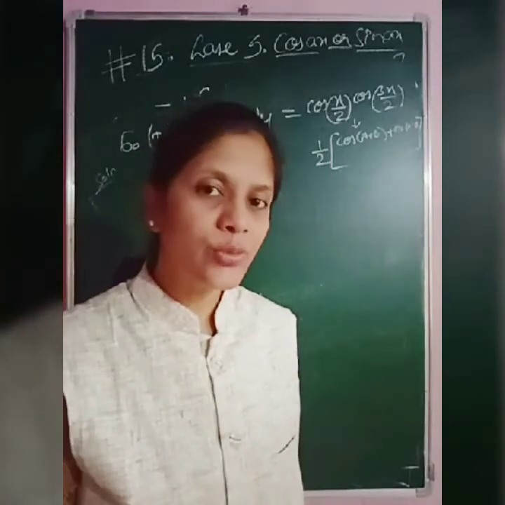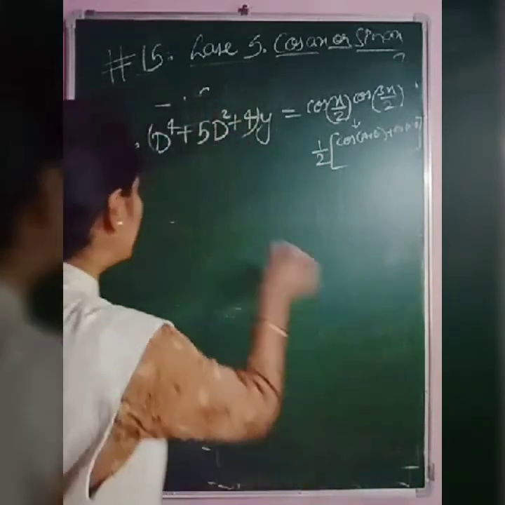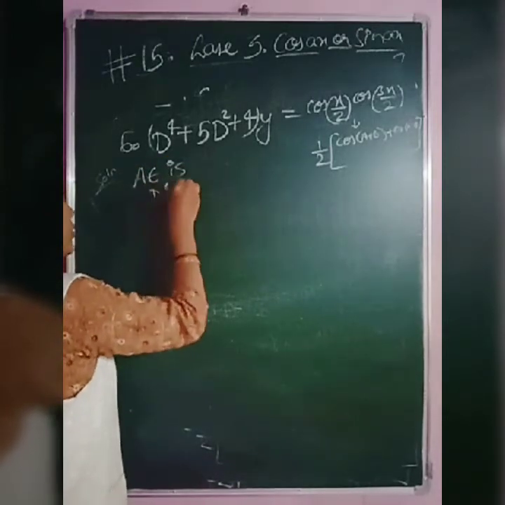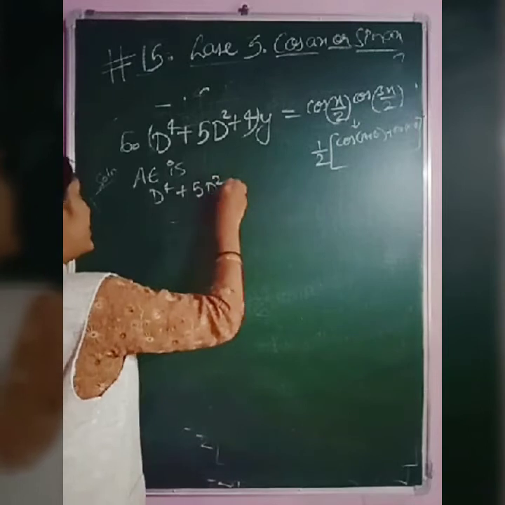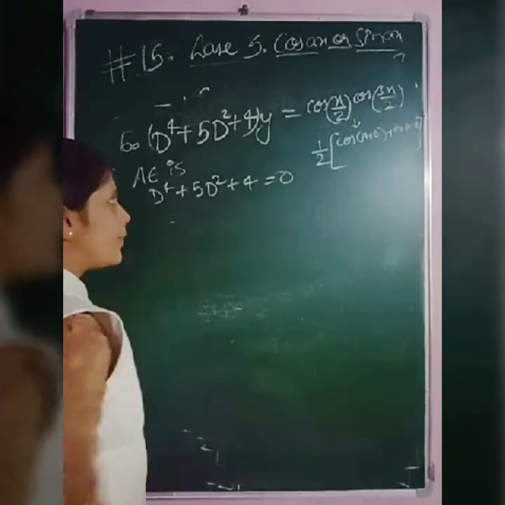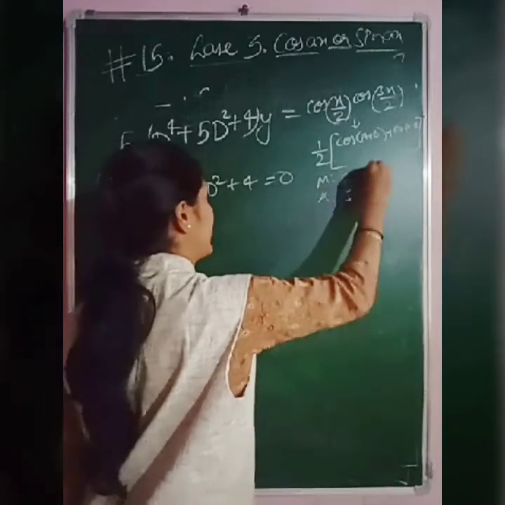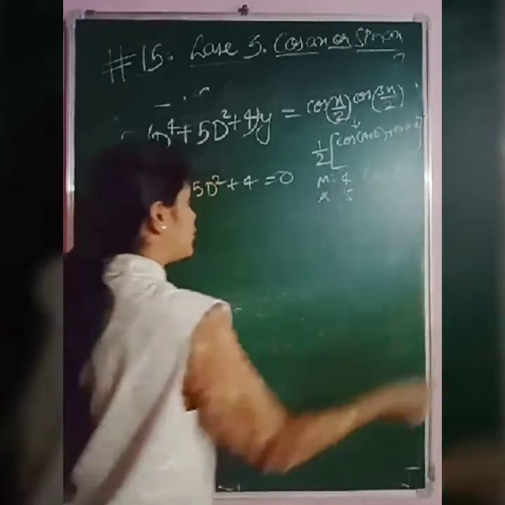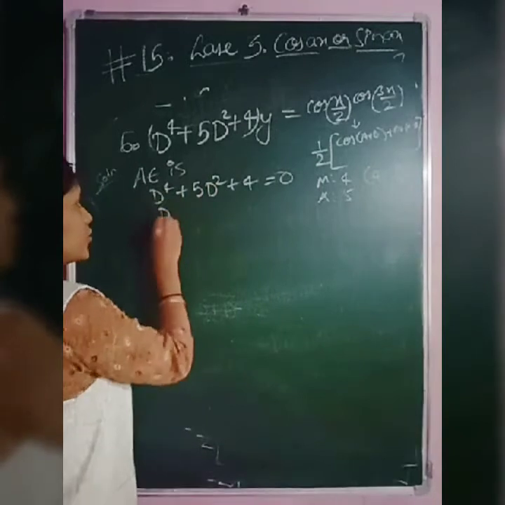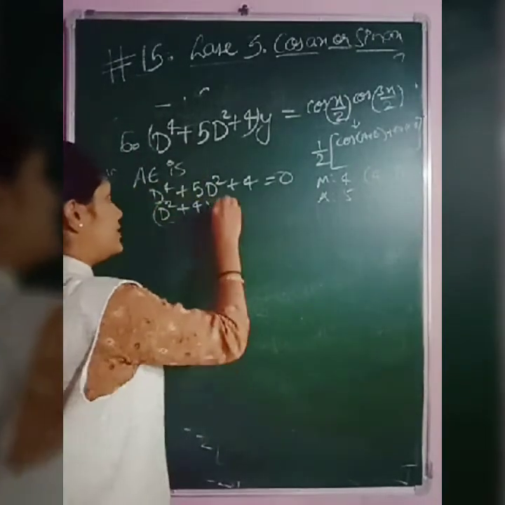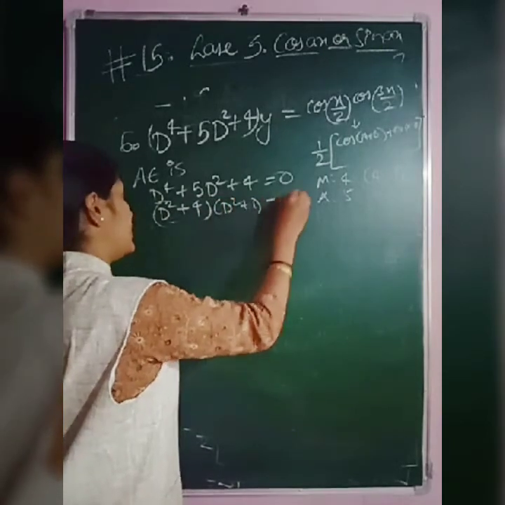Complete solution is CF plus PI. First let us find CF. So the auxiliary equation is d raised to 4 plus 5d square plus 4 equal to 0. Biquadratic: multiplication 4, addition 5. What are the factors? 4 and 1. 4 into 1 is 4, 4 plus 1 is 5. So (d square plus 4)(d square plus 1) equal to 0.